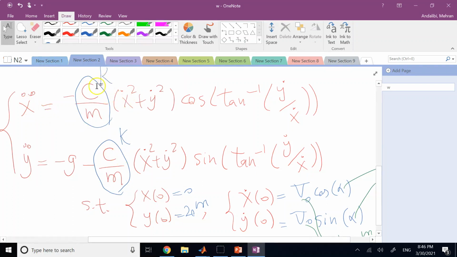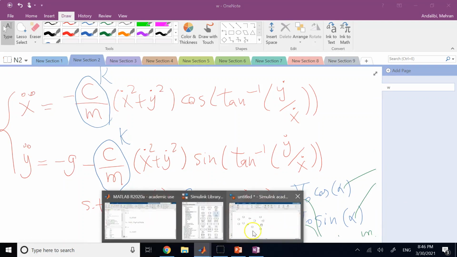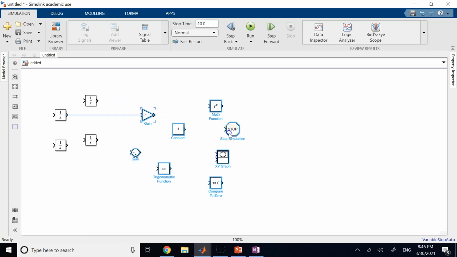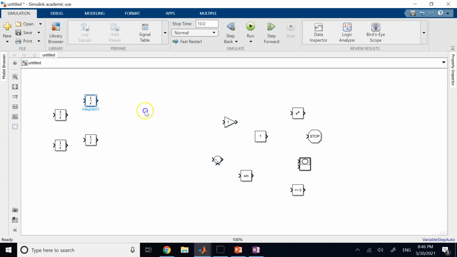So x double dot is negative drag force divided by m times cosine of theta. y double dot is negative g, which is a constant, times negative drag force sine theta divided by m, and then we have some initial conditions. So what we need here is, let's say this signal is x double dot.